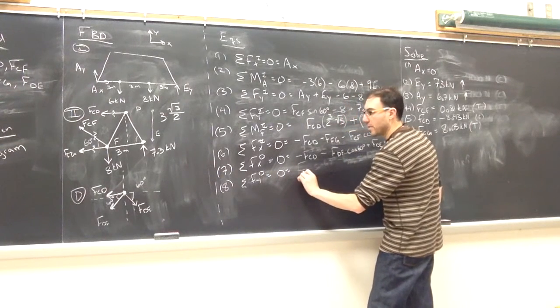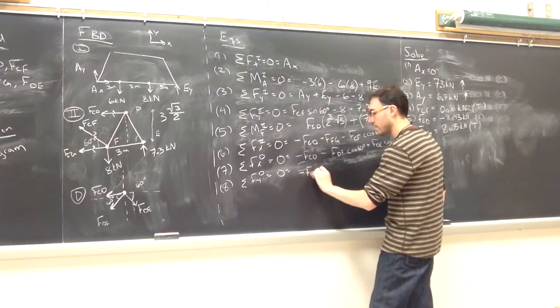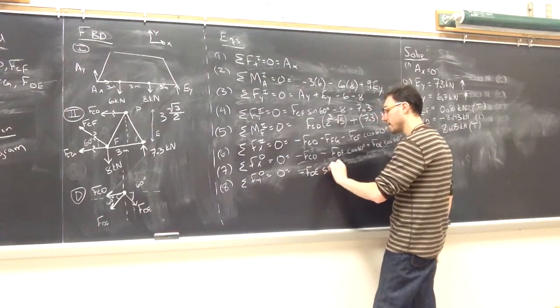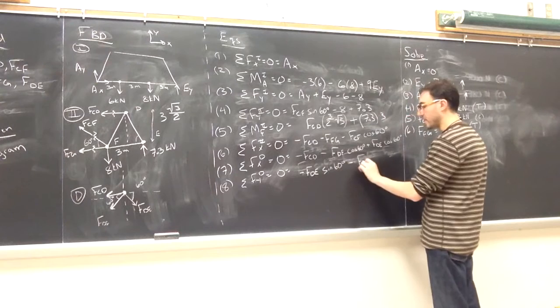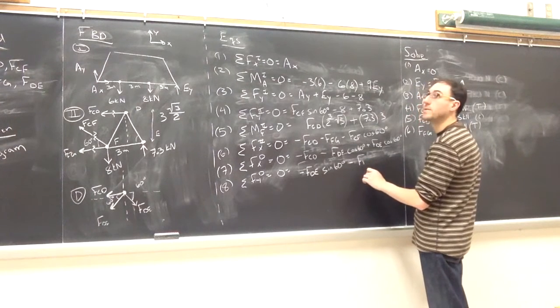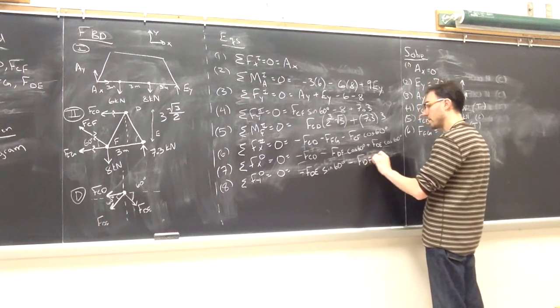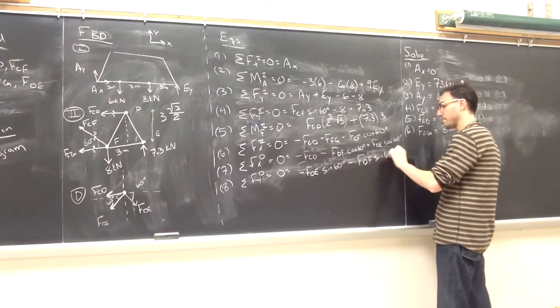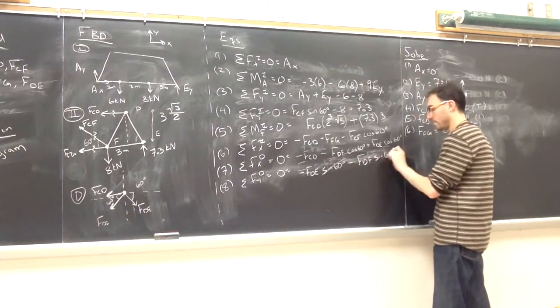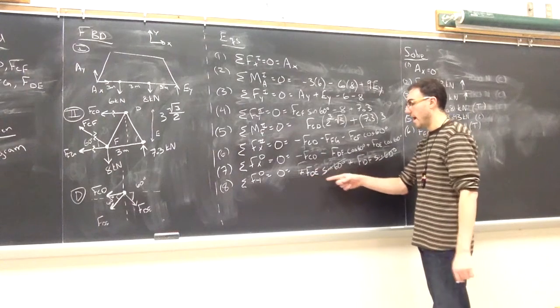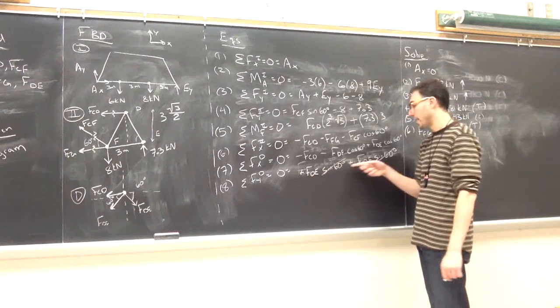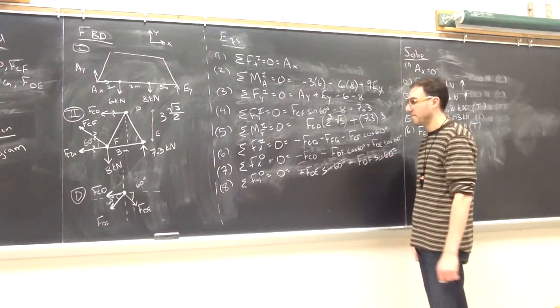And we'll be left with negative FDE sine 60 minus, what is the other one? FDF sine 60. And here at least the sine 60s do cancel. So we do know that FDE equals negative FDF.